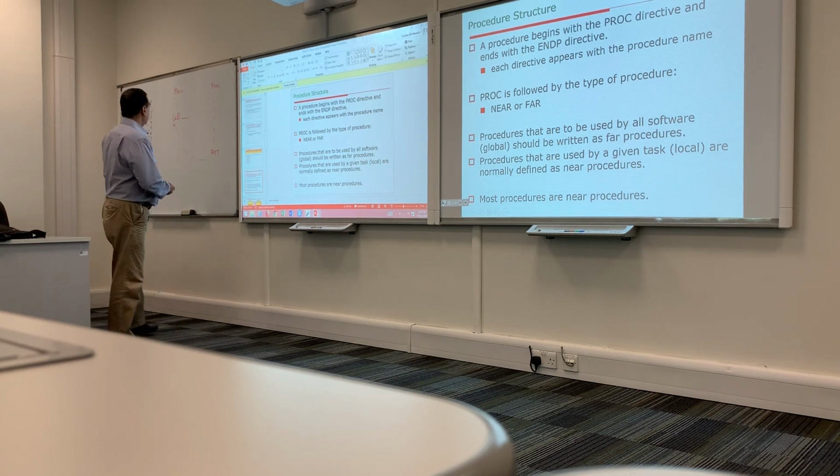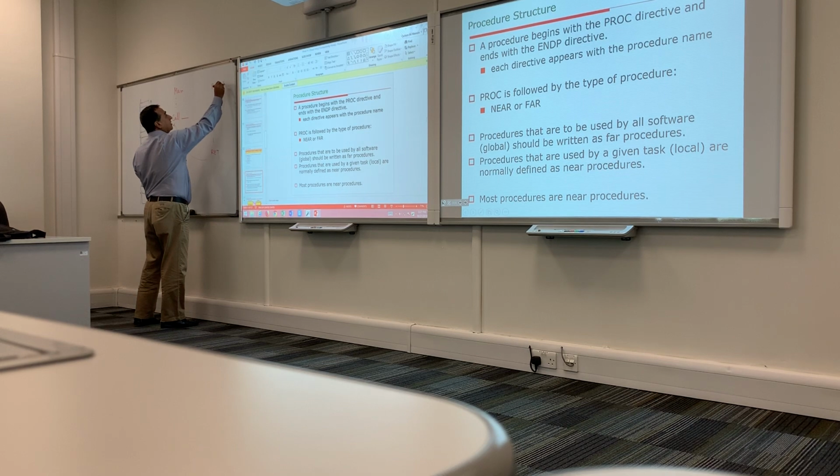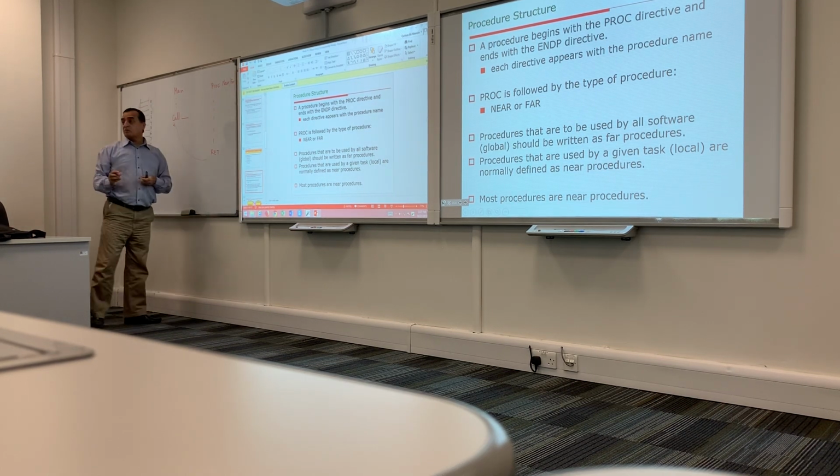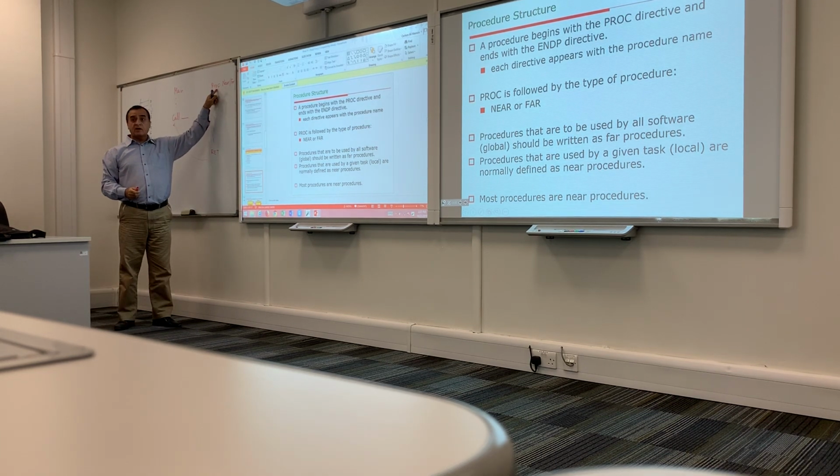So here, after PROC, we always write either NEAR or FAR. This means we are telling the assembler where this procedure will be stored. If I write near, it will be stored in the same segment as the main. If I write far, it will be stored in another segment.